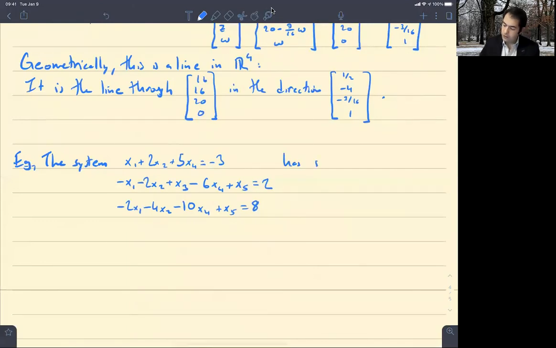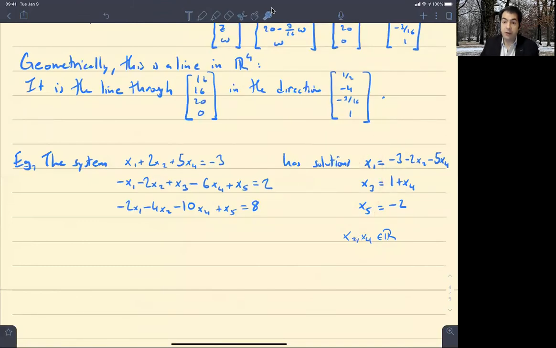This has solutions. x1 is equal to minus 3 minus 2x2 minus 5x4. x3 is equal to 1 plus x4, and x5 is equal to -2, with x2 and x4 arbitrary real numbers. So in this case, x1, x3, x5 are pivot variables, and x2, x4 are free variables. Right? They're allowed to be any real numbers.